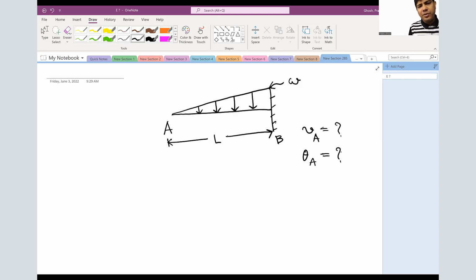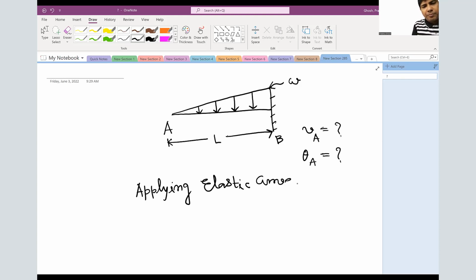So the first step is to find the internal moment, applying the double integration elastic curve equation, EI d2v/dx2 equals M, which is a function of x.